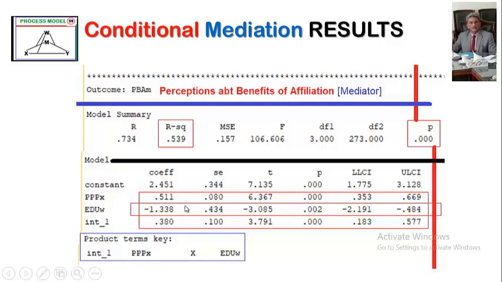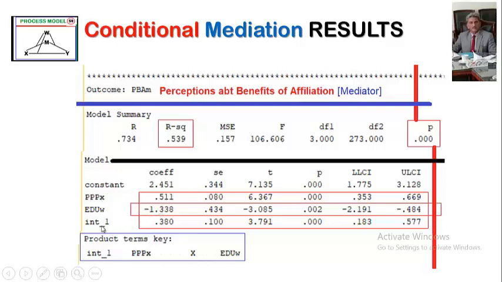So it is also significant. But another attribute of this variable as per these results is that it is bringing change in the perceptions about benefits of affiliation negatively. As the value of education increases, the perceptions of benefits about affiliation decrease. So there is negative interaction of this variable.